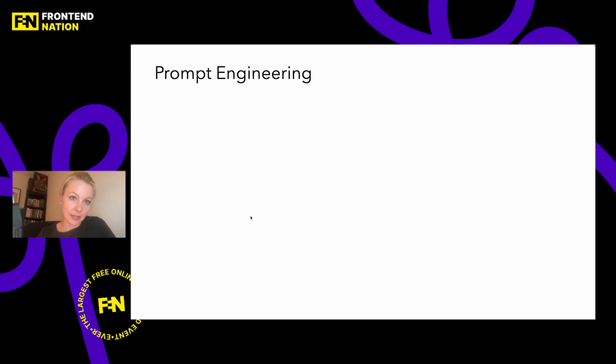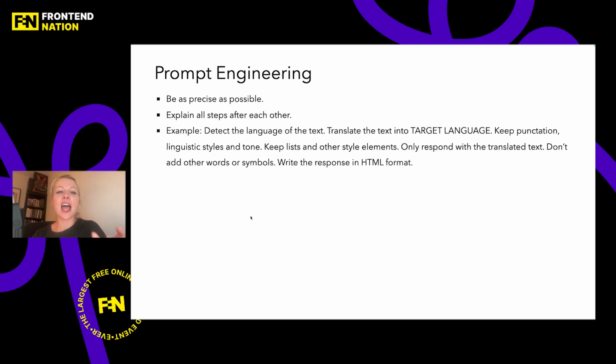The prompt engineering. In your prompts, be as precise as possible and explain all steps after each other. I don't even know if you should call it prompt engineering. For me, it's just trying out until it works good enough. As an example for the translations I added, I did not just have the prompt translate this text into this.